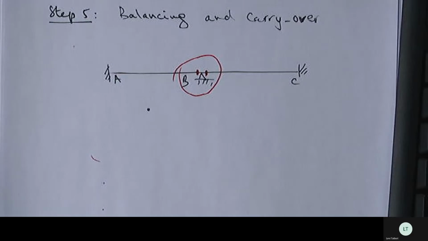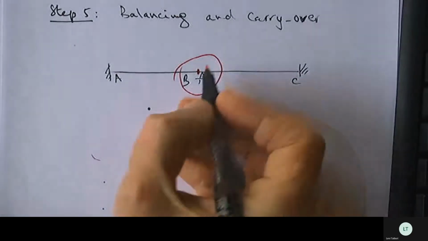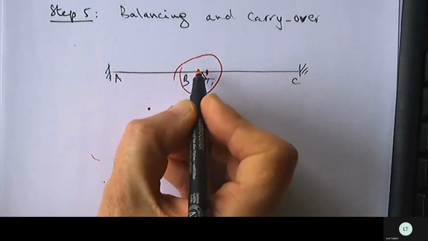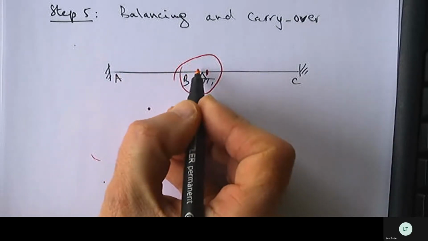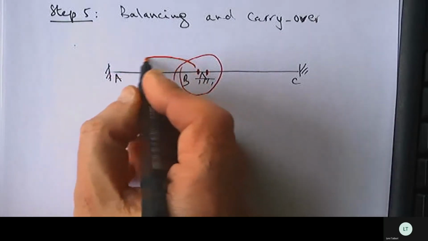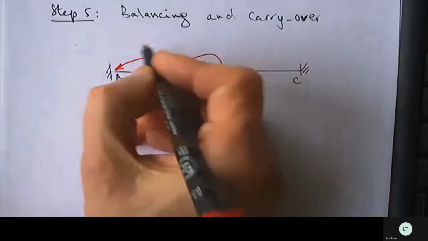You agree? Yeah? So we can prove it. Again, I'm not going to prove it because it will take me probably an hour to do that. When you balance here, the moment at A will take half of the moment from B. Half.